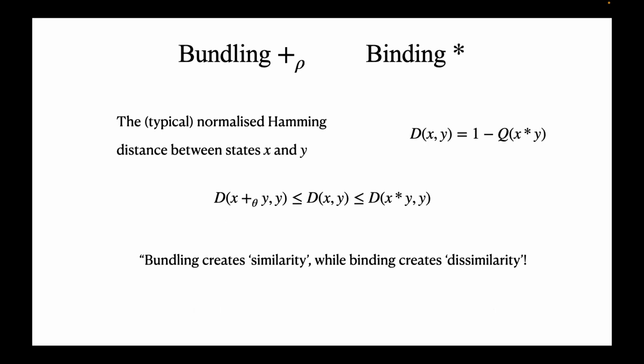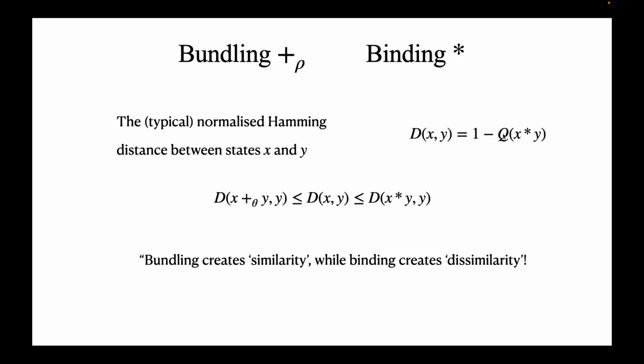Now, in particular for Tony, we can compare this bundling operation and the binding operation here. What we do here, we look at the typical normalized Hamming distance between states x and y. The first little observation is that the Hamming distance between x and y is nothing else than 1 minus the activity of the bond state x times y.